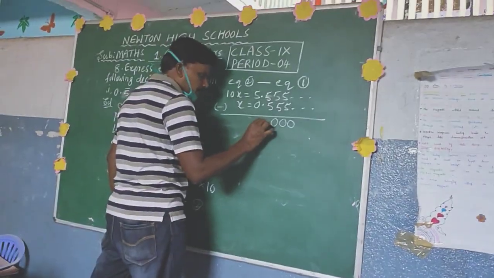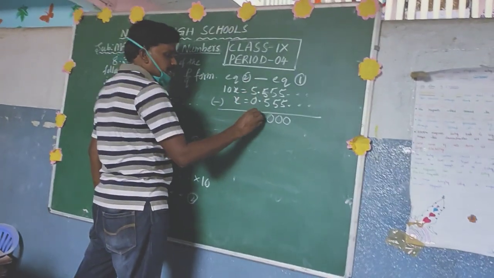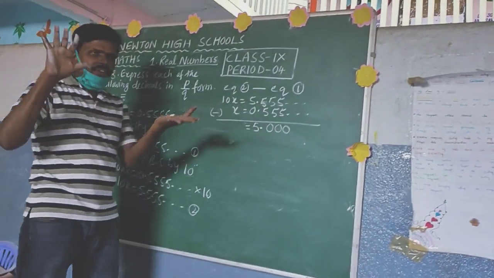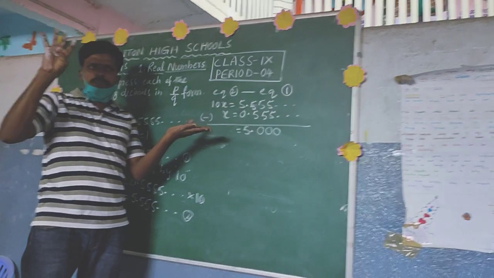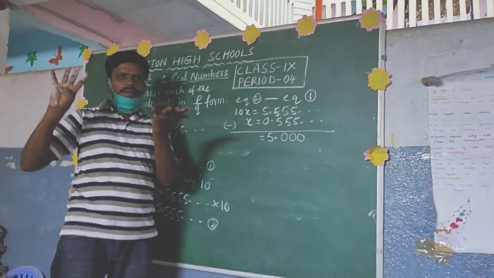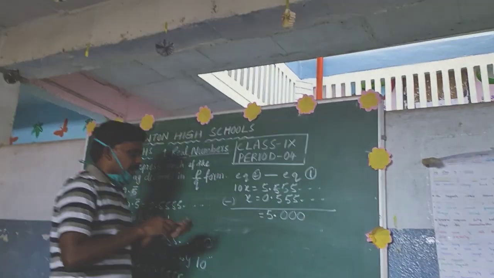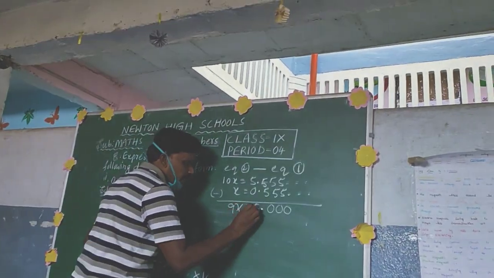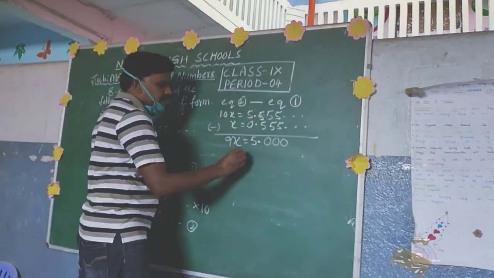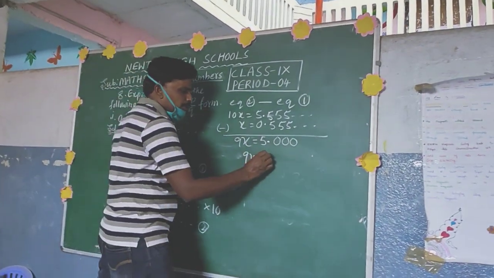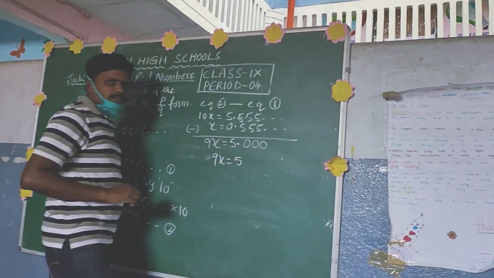Then we put the decimal point. 5 minus 0, what do we get here? 5. We have 10x, and from that 1x we subtract. How many x's are there? 9. So 9x is equal to 5.000, but after the decimal point there is no value in the zeros, so simply we can write 9x is equal to 5.